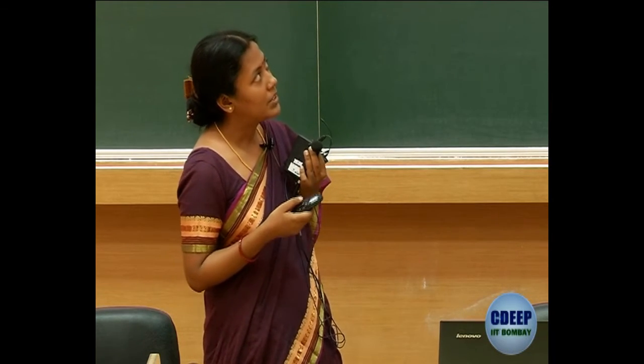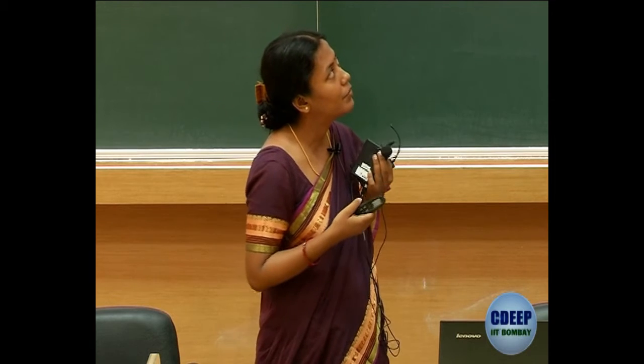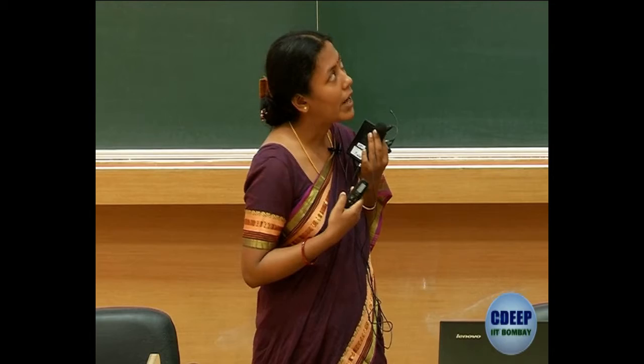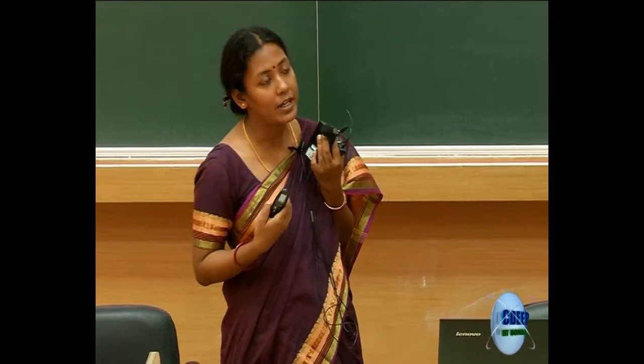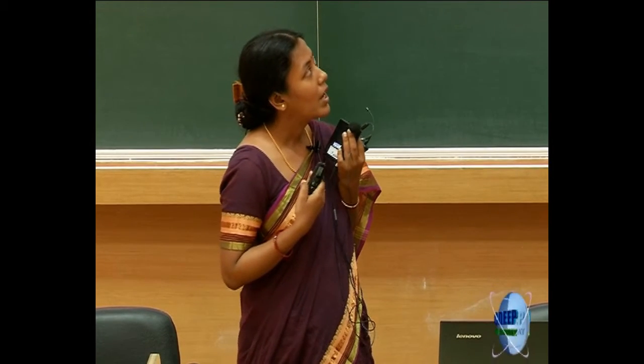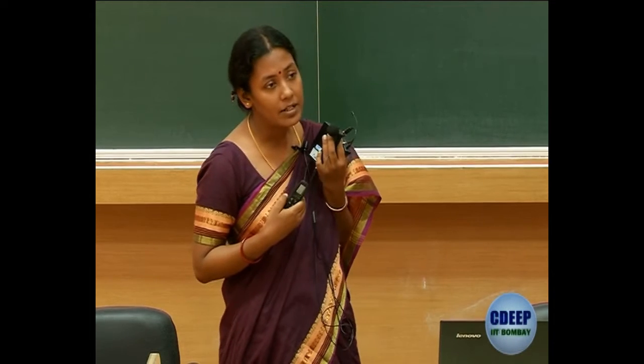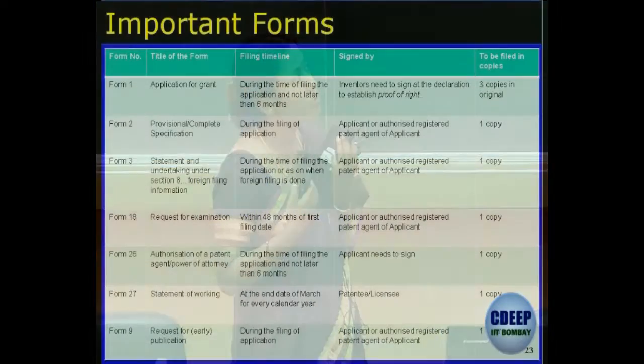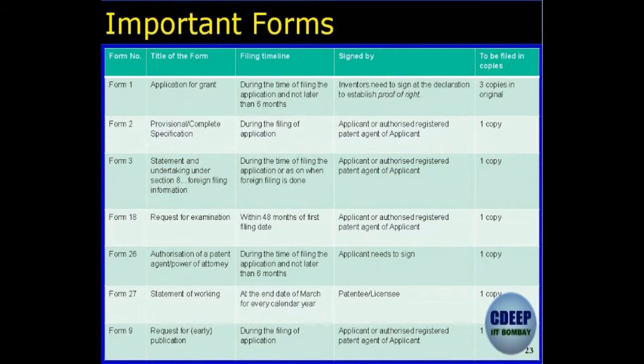Here, just have a glance at a few important forms. Form 1 is the application for grant, when you are filing your application for the first time, and it is to be signed by the inventors themselves. They are assigning to their institutes or any industry they are related to, to file this application.